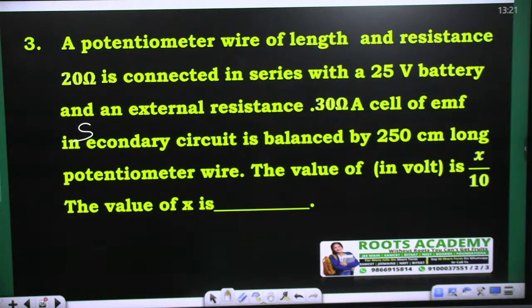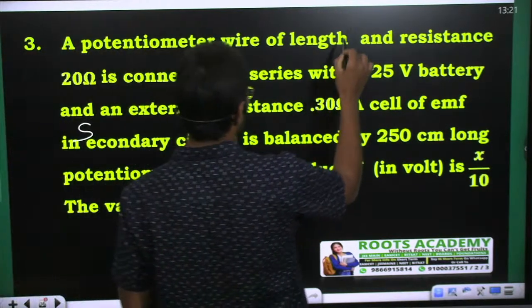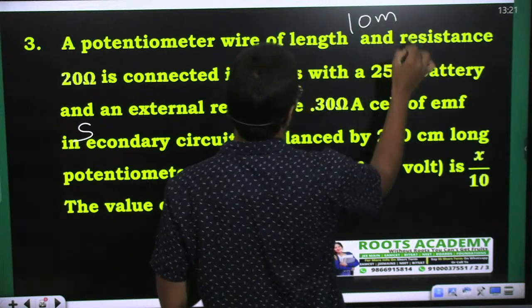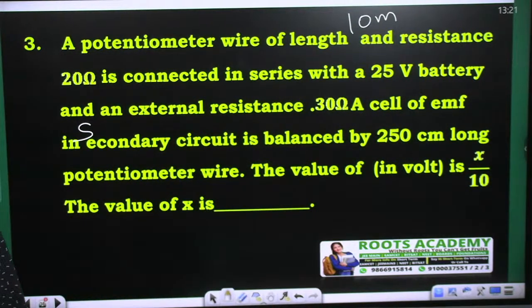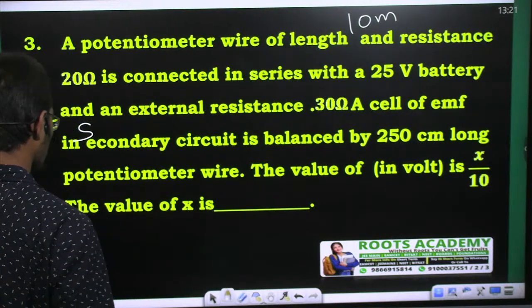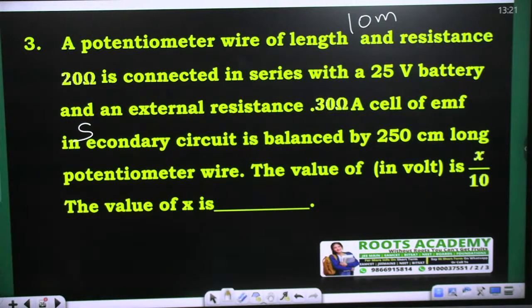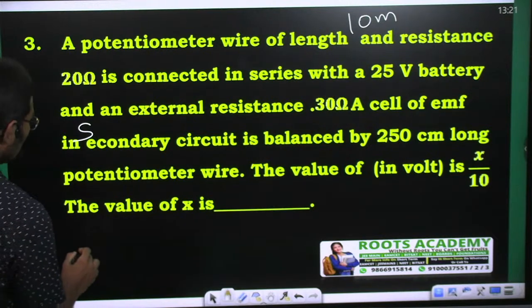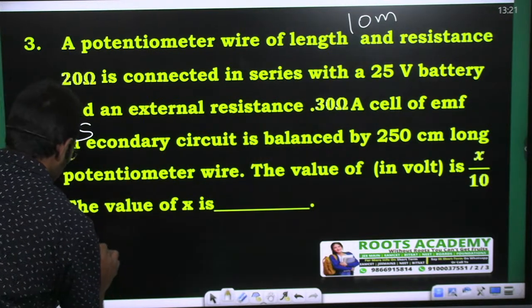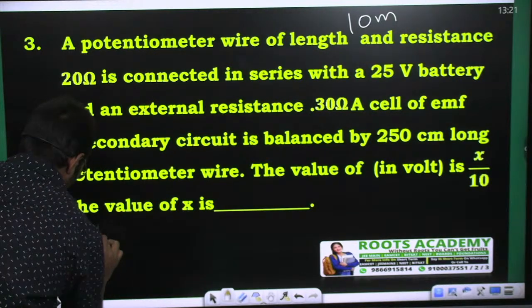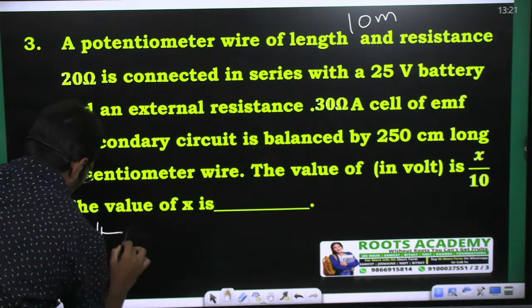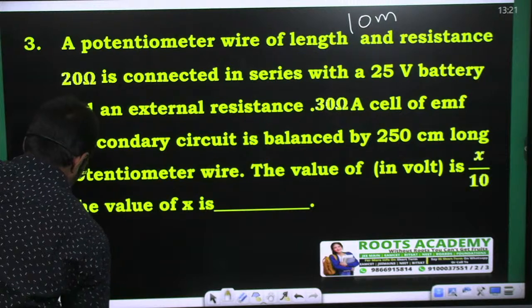A potentiometer wire of length 10 meters and a resistance of 20 ohms is connected in series with a 20 volt battery and an external resistance of 30 ohms. So I guess the question is complete now. So let us go to the next page.